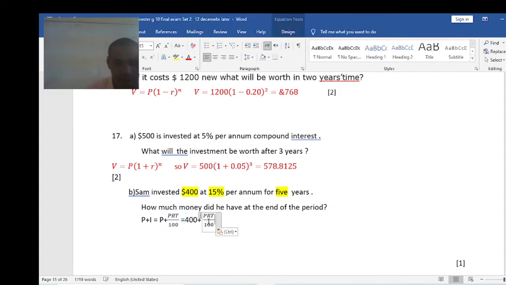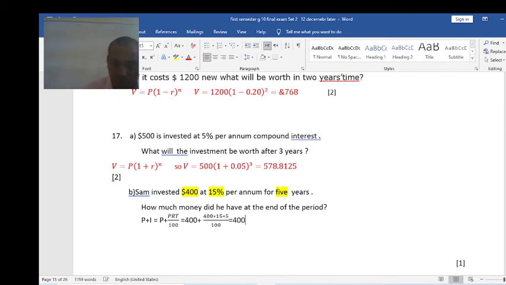Yes, good boy. P is we told 400 multiply by 15 multiply by number of years is 5 divide by 100. I can simplify this.